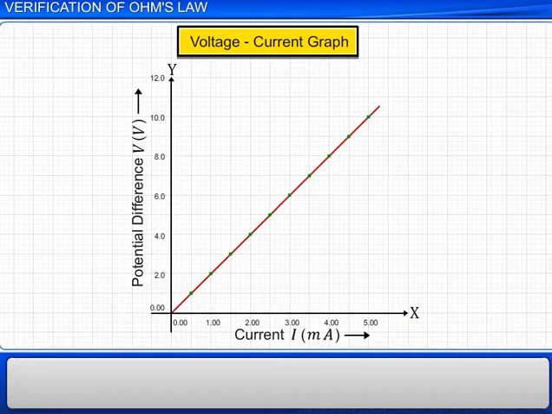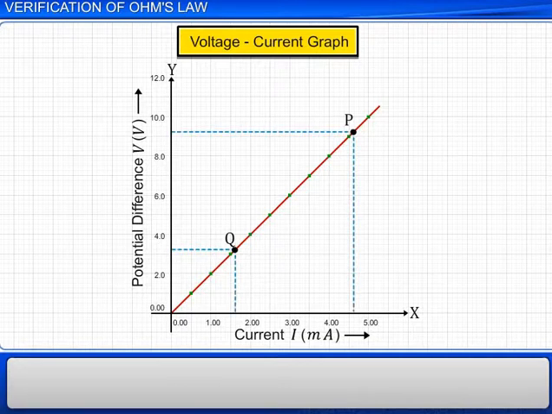The slope of a VI graph can be determined by taking 2 points, P and Q, on the straight line. From points P and Q, draw normal lines to the x and y axis.